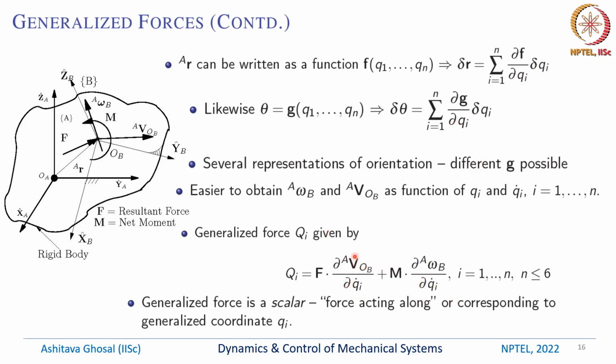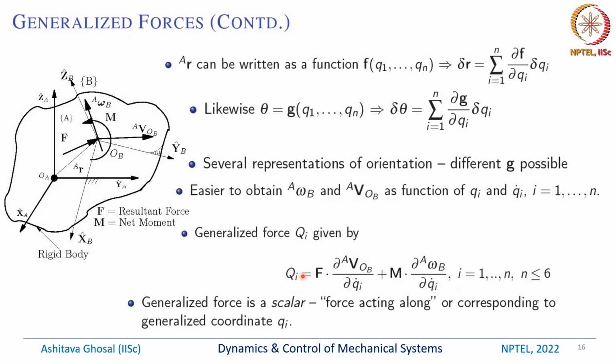Actually, we don't need to find the linear velocity. We can just do this. This is straightforward: position vector partial with respect to Qi. But for angular velocity, this delta theta is not so easy to understand, and there are many ways of representing infinitesimal rotations.